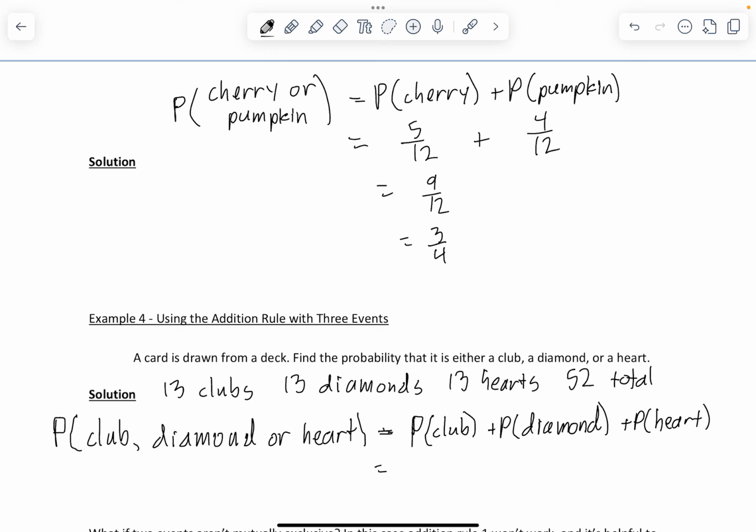This is equal to 13 out of 52 plus 13 out of 52 plus 13 out of 52, which equals 39 out of 52, which equals 3/4.